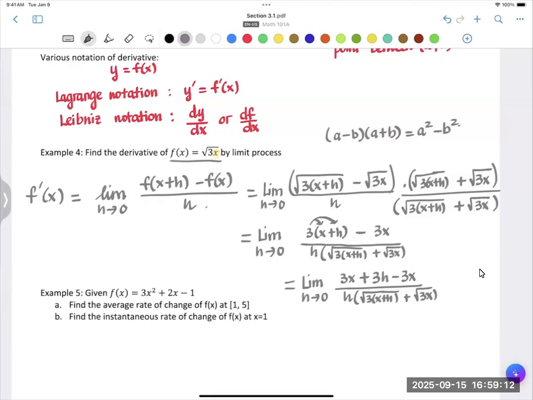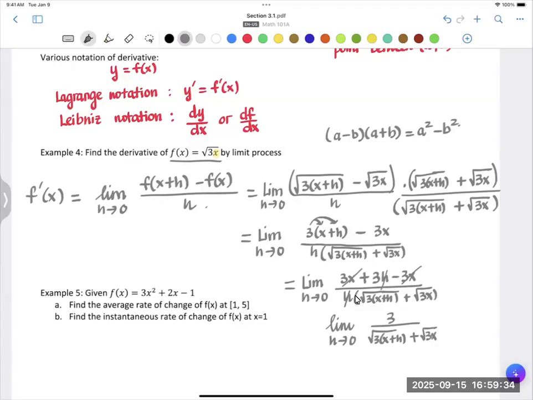And then the 3x gets cancelled. And it looks like the h can also be cancelled. So it turns out our limit will become the limit as h approaches 0 of 3 over square root of 3 times x plus h plus square root of 3x.